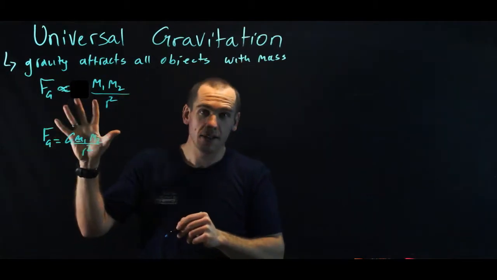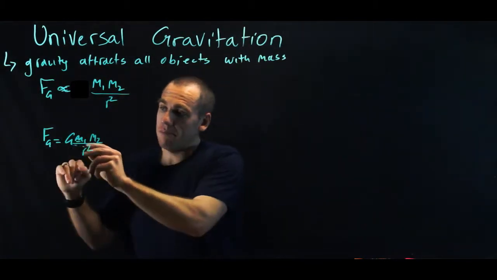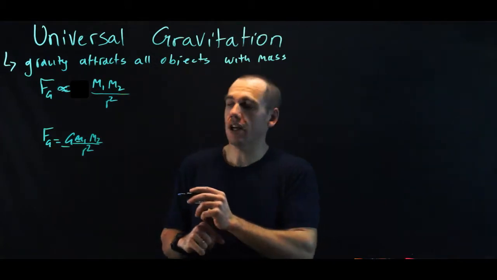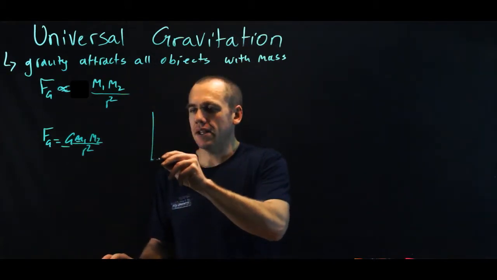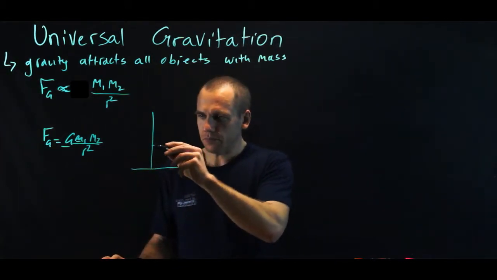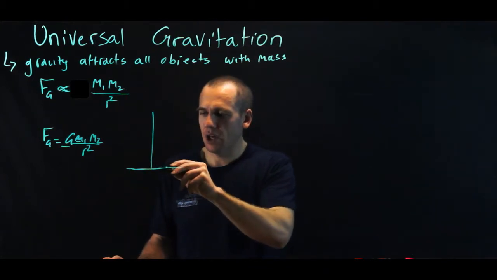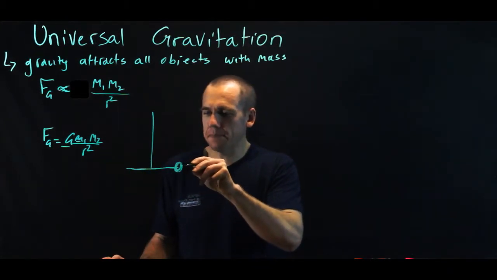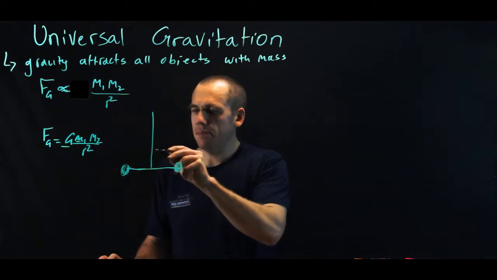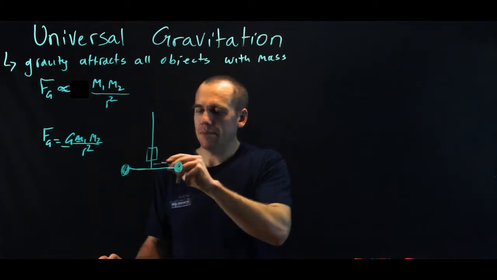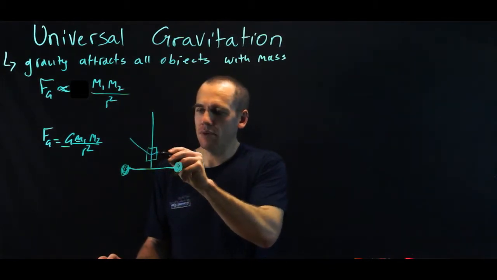Now, what Henry Cavendish did to measure this universal gravitational constant was pretty cool. He suspended off of a cable and a crossbar a couple of heavy masses, and he put a mirror on this cable so he could shine a light at it and it would reflect off.